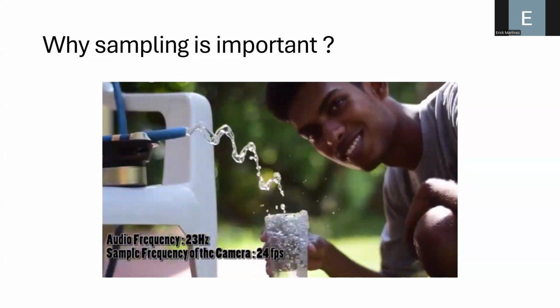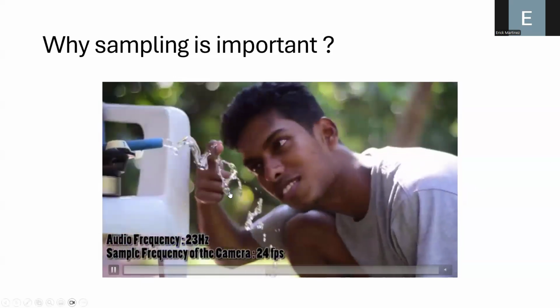And also you can see here that when they are placing an audio frequency of 20 hertz, but the camera is sampling at 24 hertz, it seems that the water is going from the ground to the hose. And that is not physically possible because it seems that the water is overcoming the gravity of the earth.